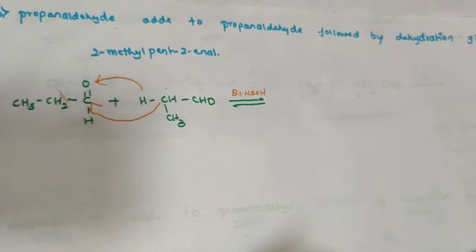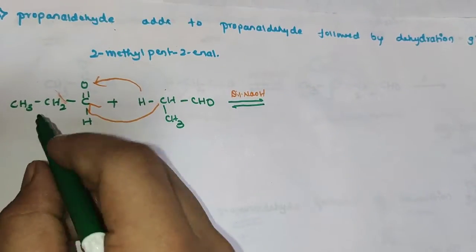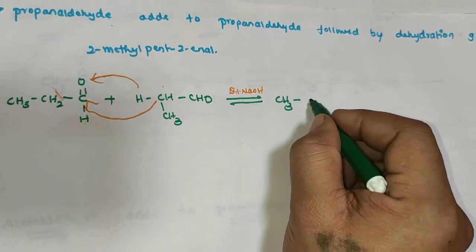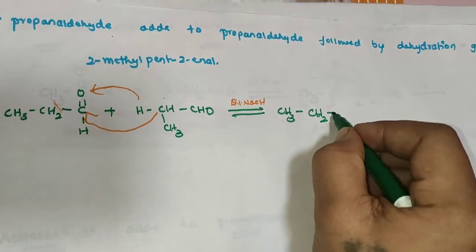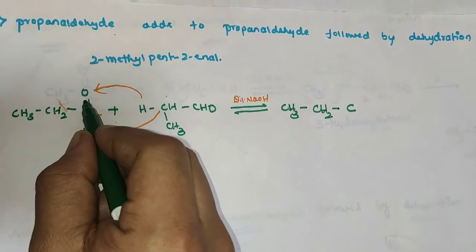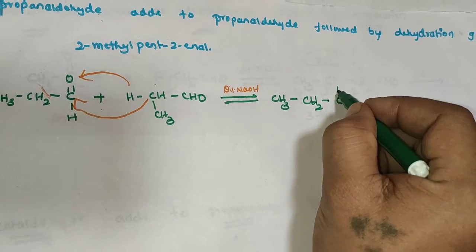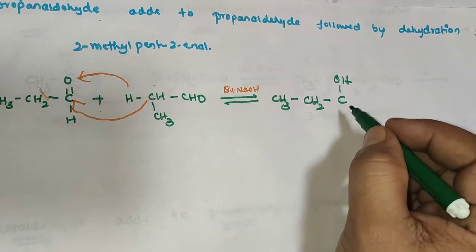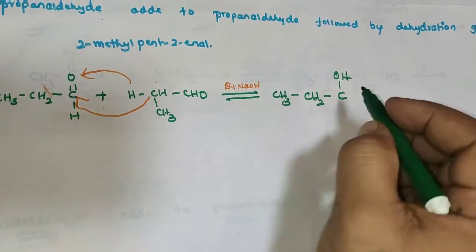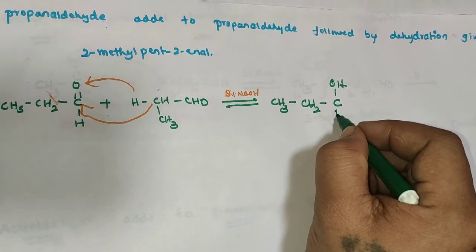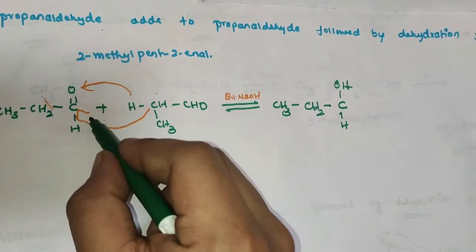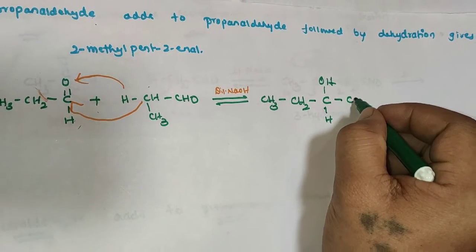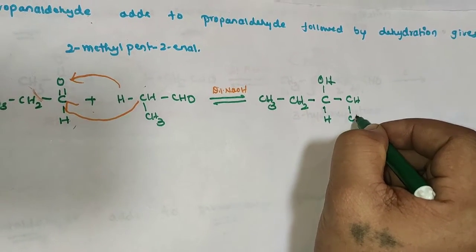So the product we will get, as usual, CH3, then CH2, then the C double bond will now be converted into a single bond. This O is accepted by this hydrogen as OH, and for our convenience I am going to write this H here, and similarly this CH is bonded to this carbonyl carbon atom.